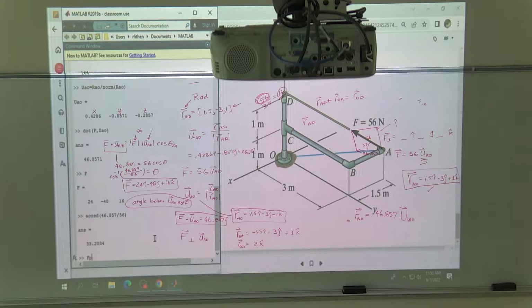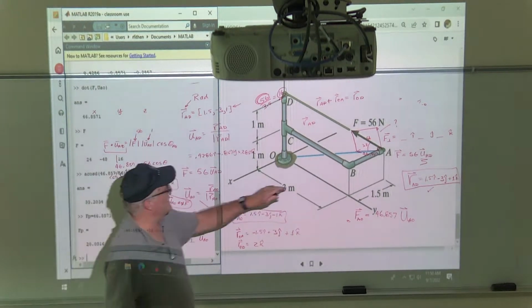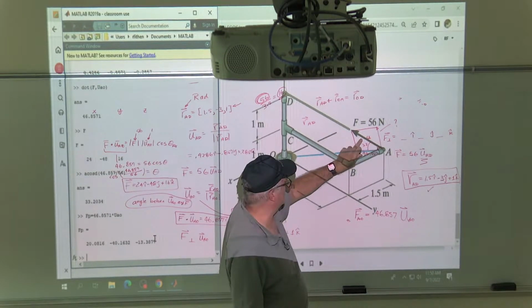FP for perpendicular. 46.857, is that what I wrote? 8571 times UAO. There's my vector. So it looks bizarre, doesn't it? If I had two vectors and I'm adding them, I take this vector and I add that vector to it, I get this one, right?